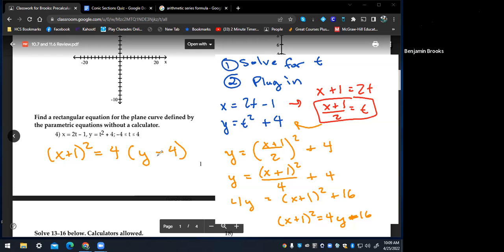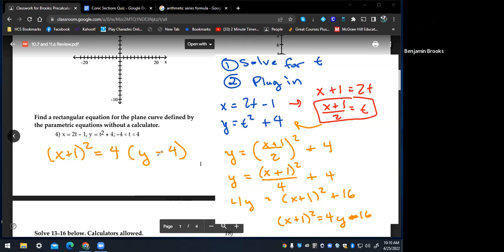What does this have to do with anything? What equation is that? What conic is it? It's a parabola. Why? Yes, but what characteristics of this equation show that it's a parabola?